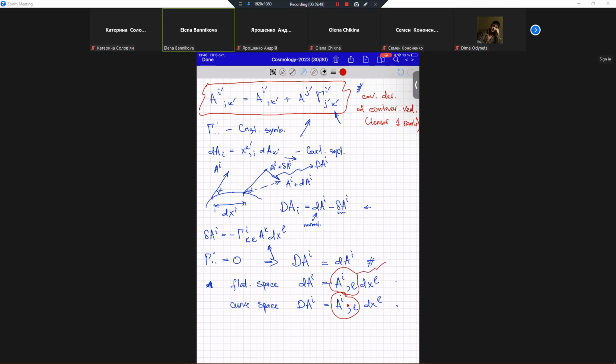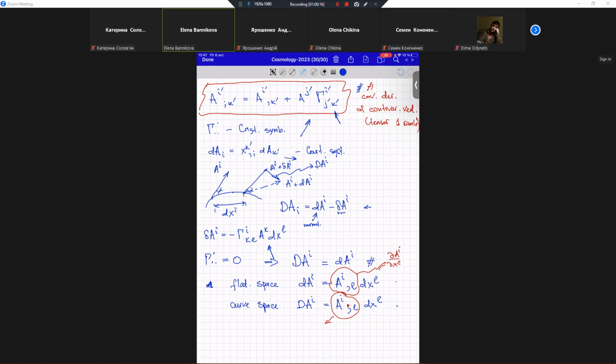This one means dA_i by dx^l, but this one has the formula which we put here.